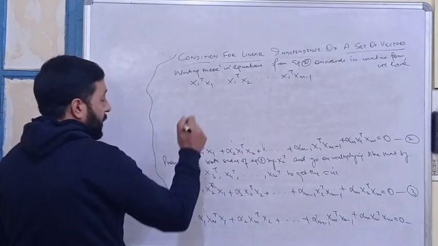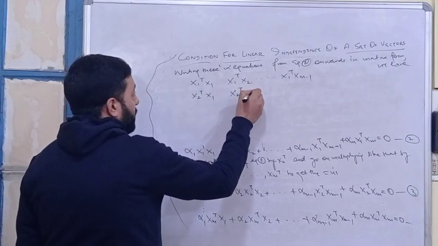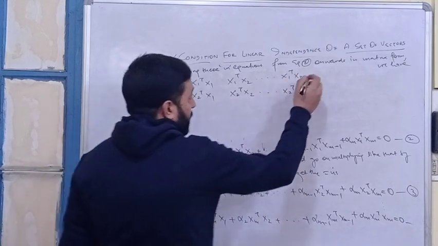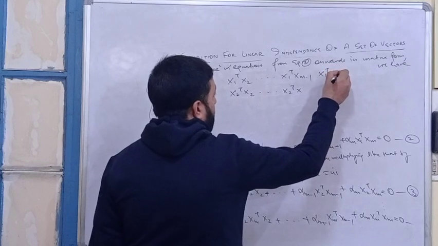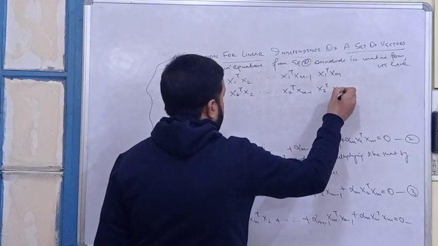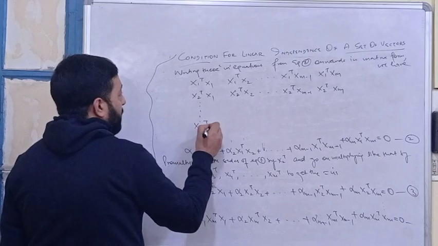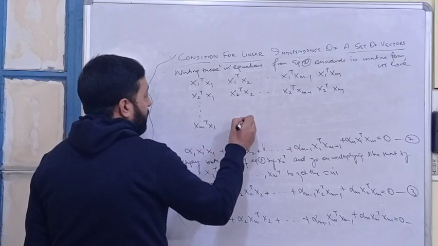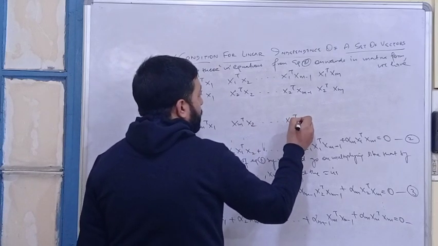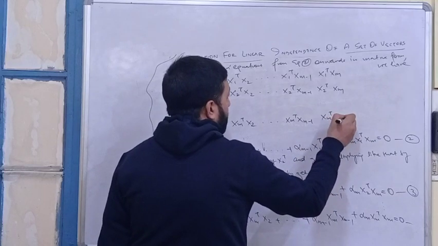Then x2 transpose x1, x2 transpose x2, so on, x2 transpose xm minus 1 और x2 transpose xm. इसी तरीके से आगे है ना? लास्ट वाला क्या होगा? xm transpose x1, xm transpose x2, xm transpose x of m minus 1 और xm transpose xm. सही है?